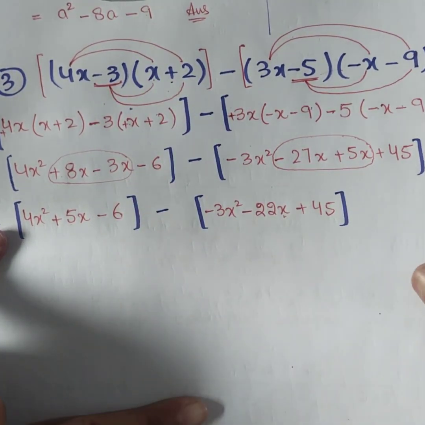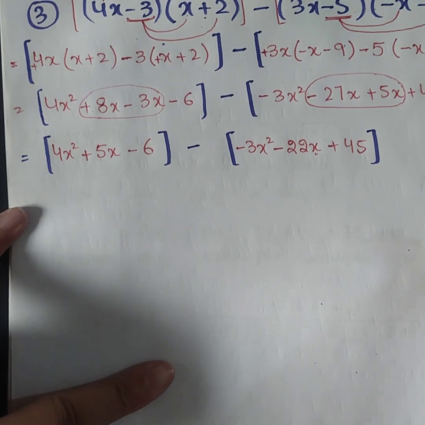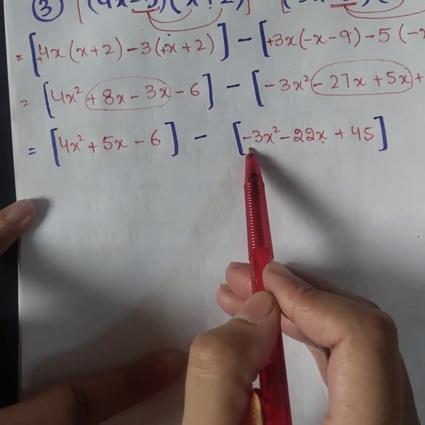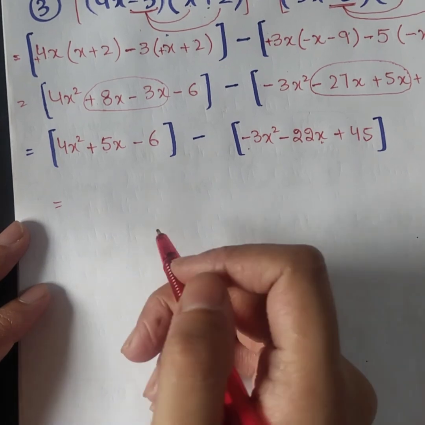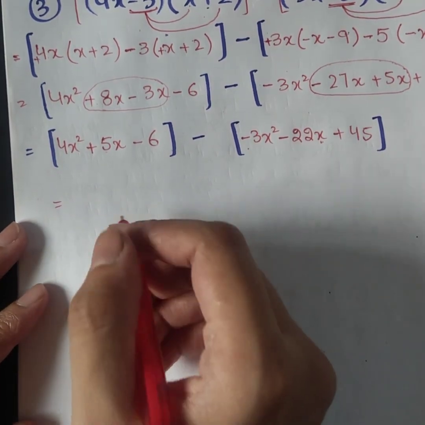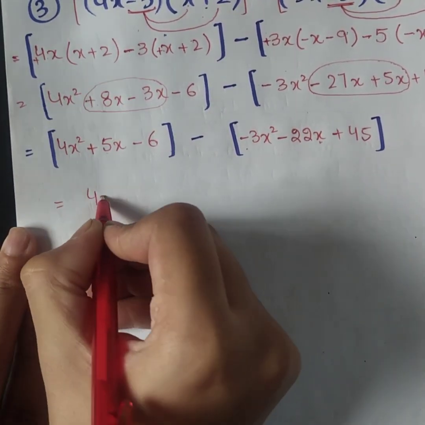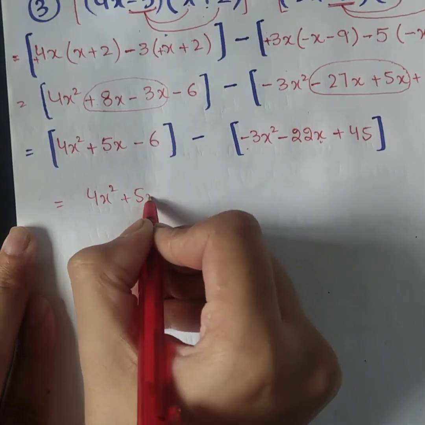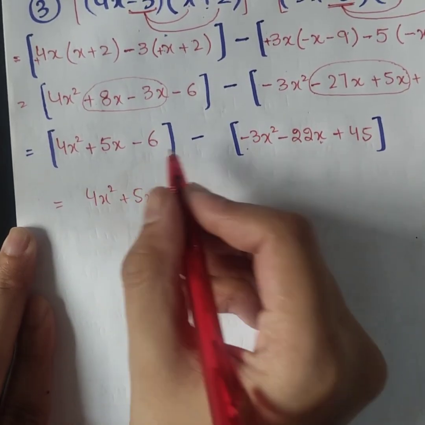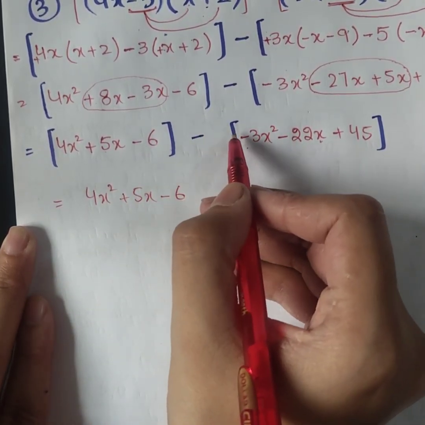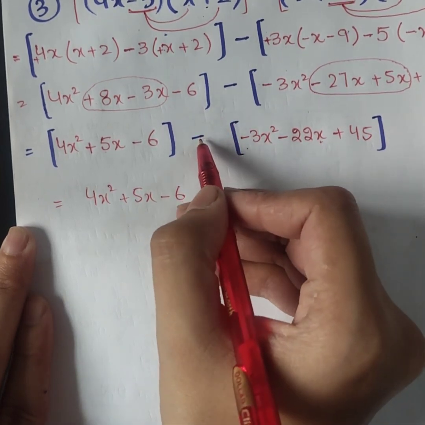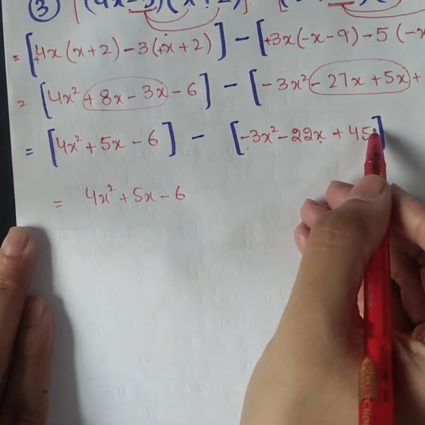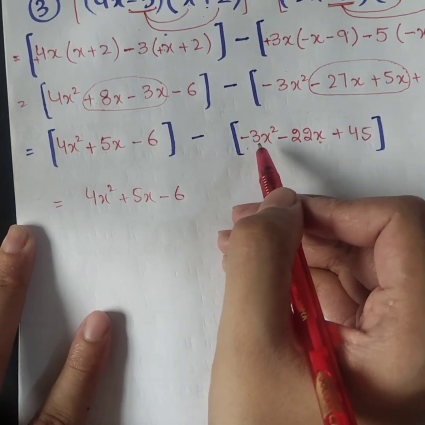Now what you have to do, you have to remove these two square brackets. How can we remove them? Now we have to open the square brackets. 4x square plus 5x minus 6 remains the same, but this minus sign, when you multiply with this, you are opening this bracket, so you have to multiply this minus sign with all these values, okay?